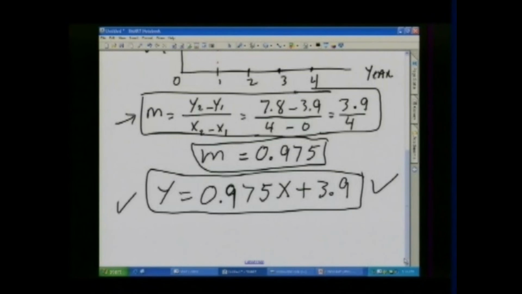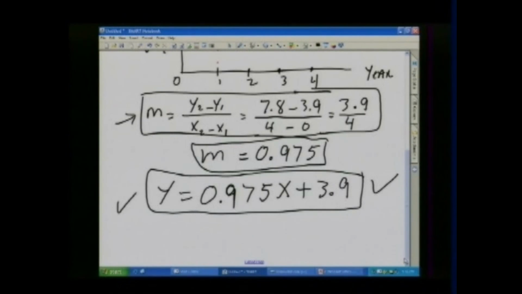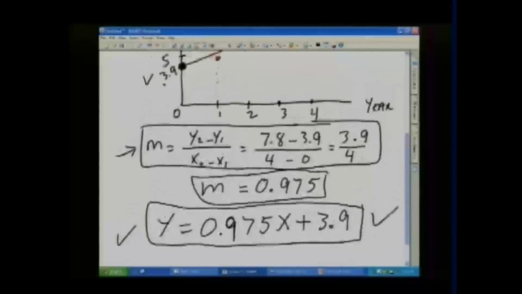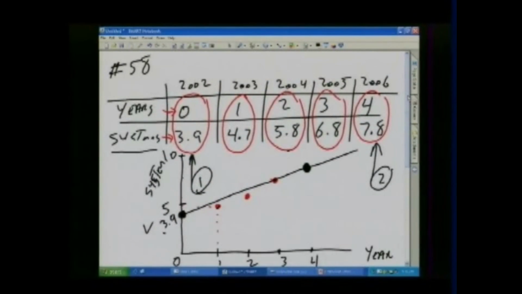I think there is one more question. It says, use the equation found in part C, which is this one here we have, to estimate the number of navigation systems installed in 2005. Compare this figure with the projected sales for that year. So again, this would give you an estimate. If I plug in 2005, x is equal to what?